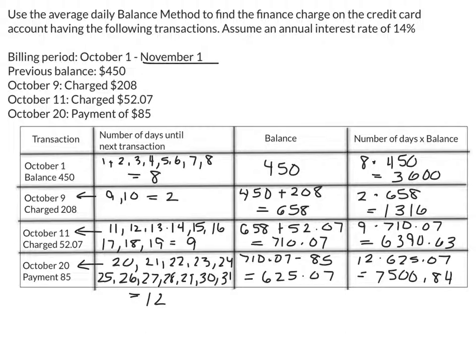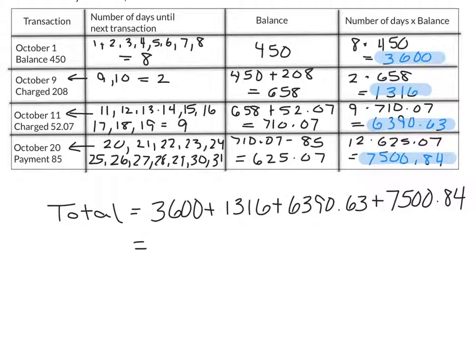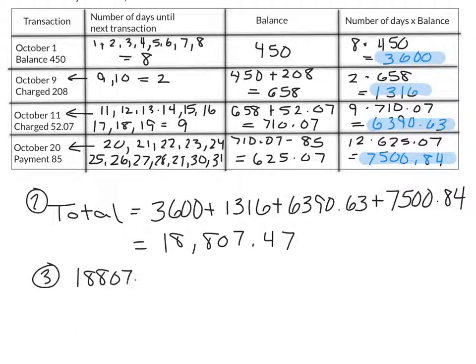Our next step is to add all the values that we found in the last column. When we add all those values together, we get a total of $18,807.47. Our next step is to find the average daily balance. We take the total we just found and divide it by the number of days in the billing cycle.